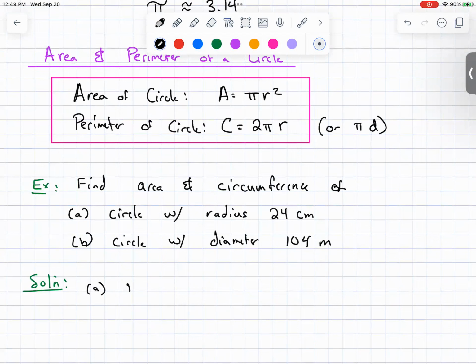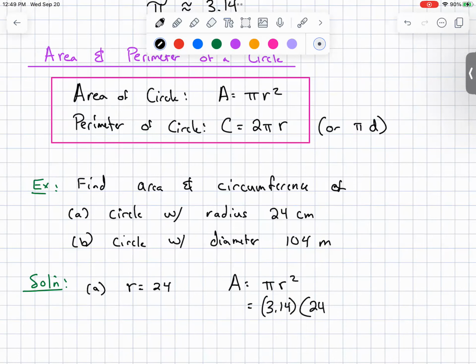So your radius r is 24. Then the rest of it is just using the formulas. We're going to plug r is 24 into both of those formulas. So the area is pi r squared. This would be 3.14, because we're going to use this as our approximation. We're not going to use pi.